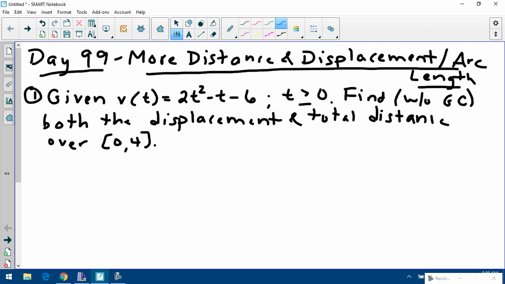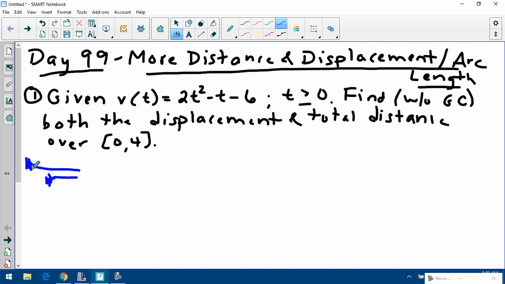Displacement, if I was going right for a while and then coming left for a while, displacement is just the end point minus the start point. So essentially, if I could find my position at the end minus my position at the start, I would have the displacement.